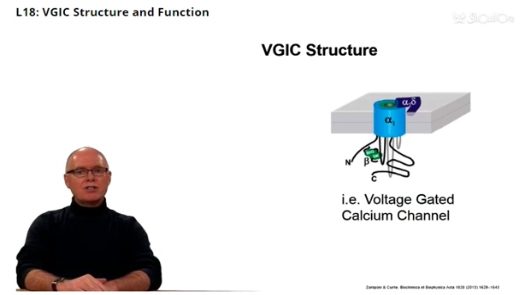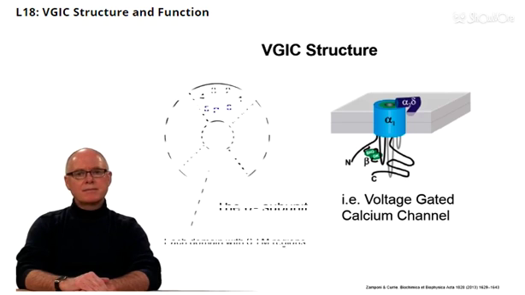The general topology of voltage-gated channels is similar across the superfamily. That is, there are general similarities across the sodium, potassium, and calcium channels, with only minor differences that fine-tune function and modulation. We'll start our review of ion channels using the example of the voltage-gated calcium channel as the structural model.